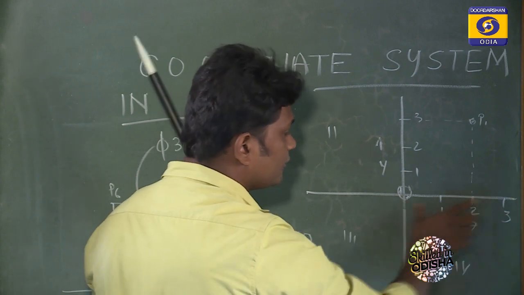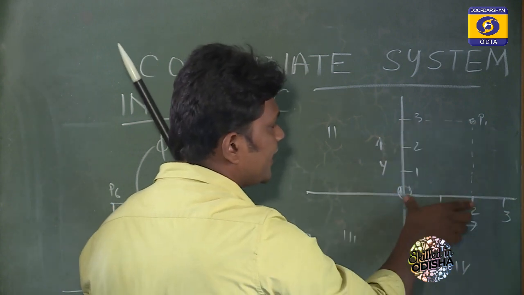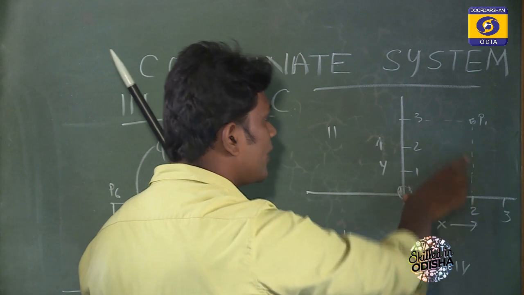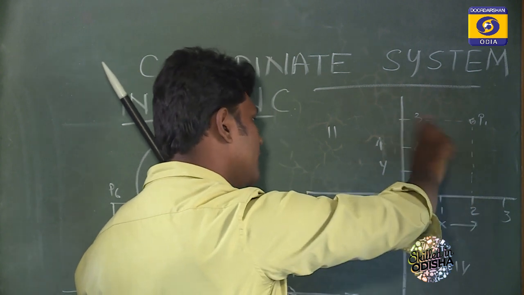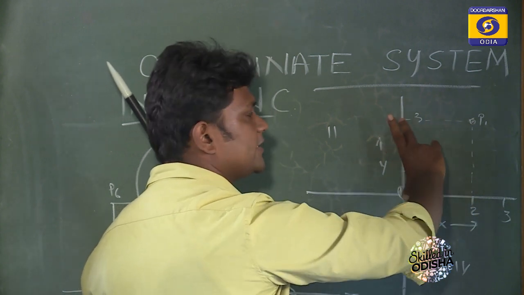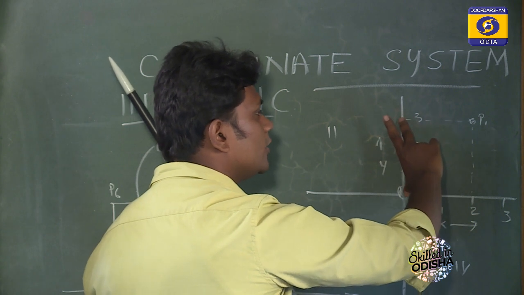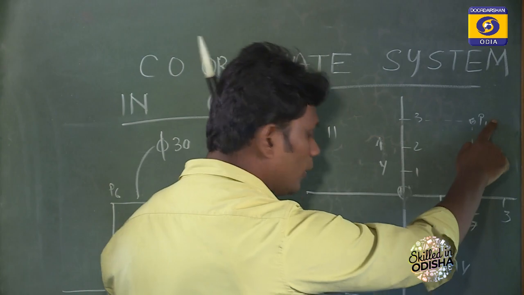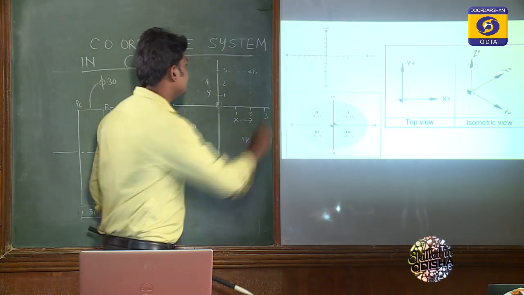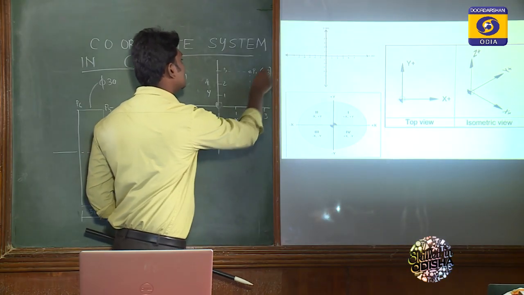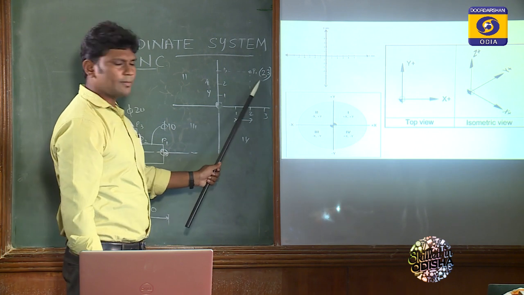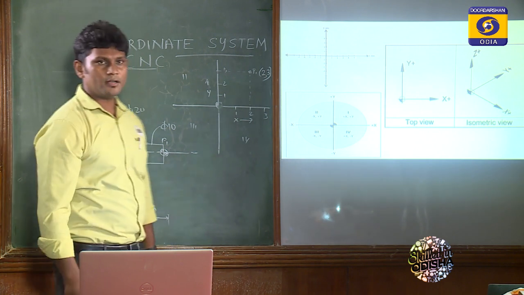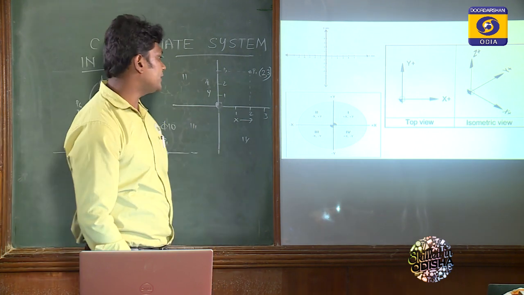Suppose it is in millimeters, so 2 millimeters from the origin on the x axis. What is the height, that means the distance along the y axis from the origin? This height represents 3. So the P1 location will be represented as x first, 2 and 3. Similarly, we can locate the different points according to our geometry.